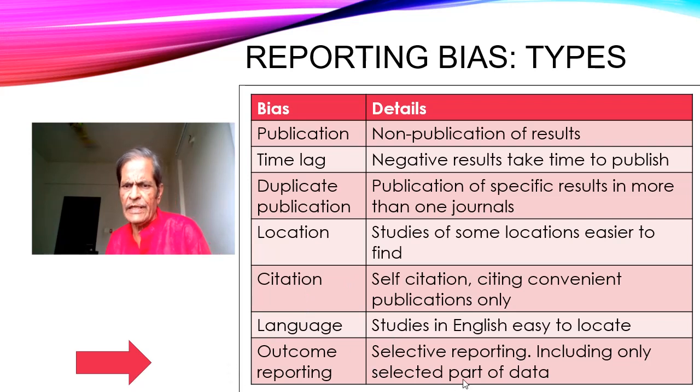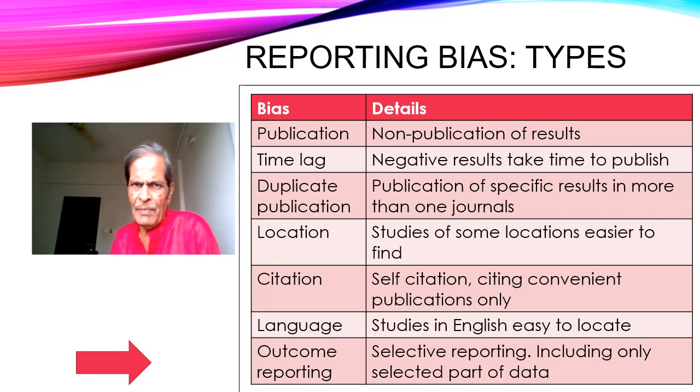Outcome reporting is the summary of all these. Outcome reporting bias is the bias when there is selective reporting, including only a selected part of the data. The study had, say, 4 objectives, and only the results related to 3 objectives are published, and the results related to the 4th objective are not published at all.